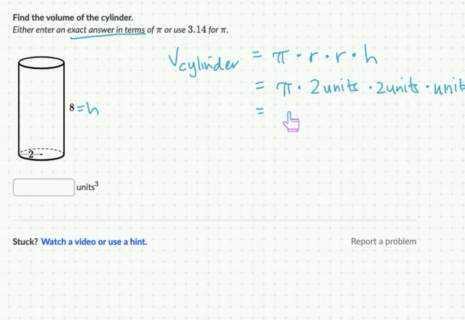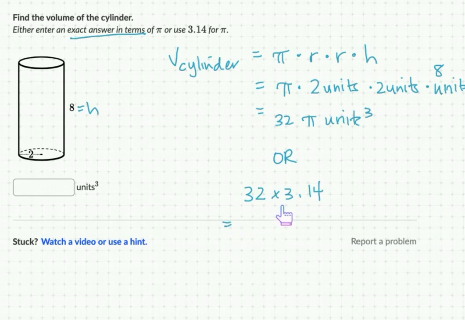And then your answer would be, oops, I forgot the 8 there. That would have messed me up there. 32 pi, because I'm just multiplying the numbers together to get 32, keeping the pi, units cubed. Or I could basically take 32, multiply by 3.14, and get the answer in my calculator.